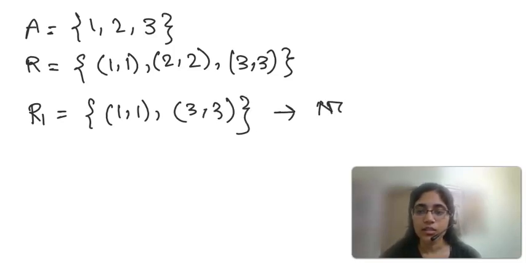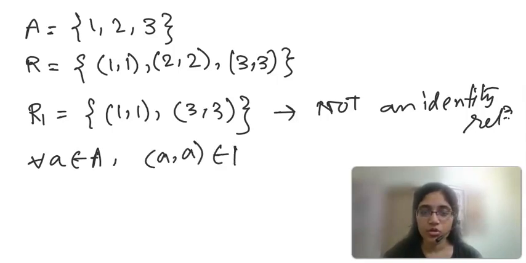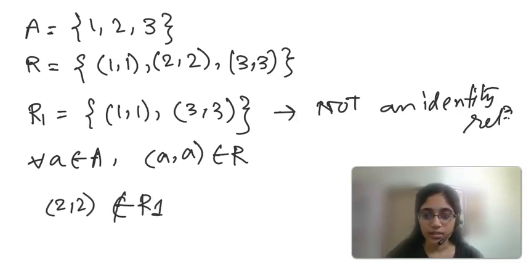This is not an identity relation, because in order to be an identity relation, for all a belongs to A, (a, a) must belong to R. (2,2) doesn't belong to R1. That's why this relation is not an identity relation.